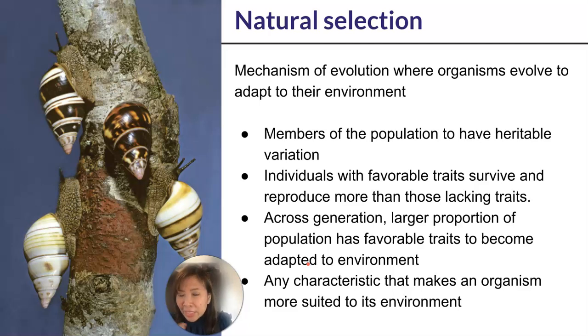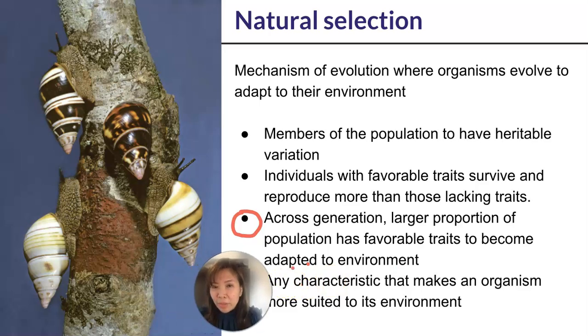So what I want to point out is that this adaptation takes many generations, right? But over time, across generations, a larger portion of the population has the favorable traits. This is this bullet point right here, which is telling us that across generations, populations that have more favorable traits are more adapted to their environment.